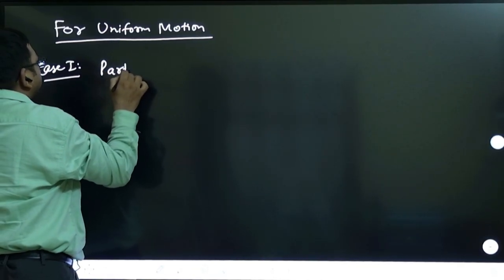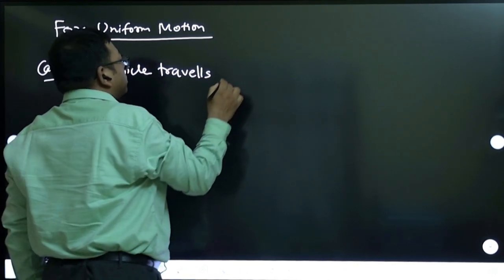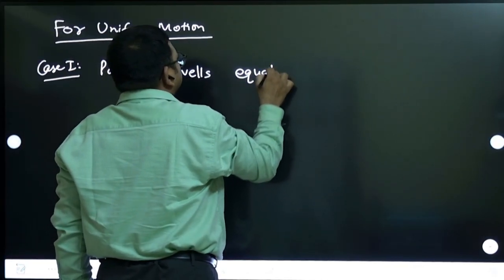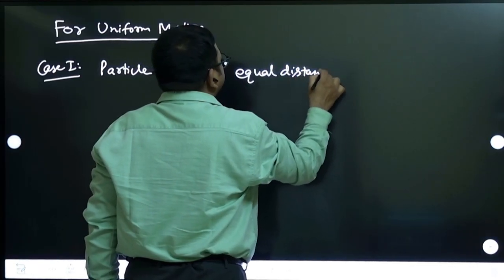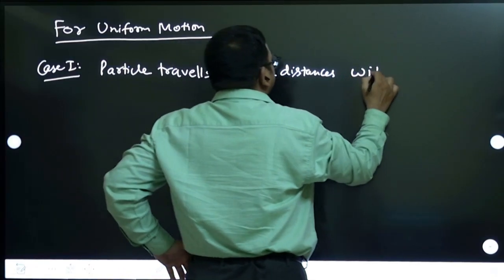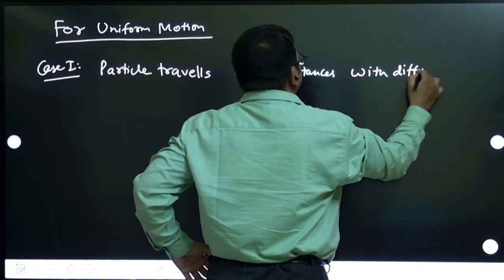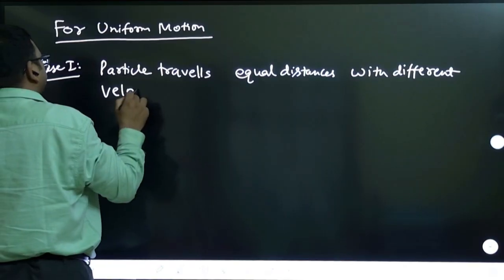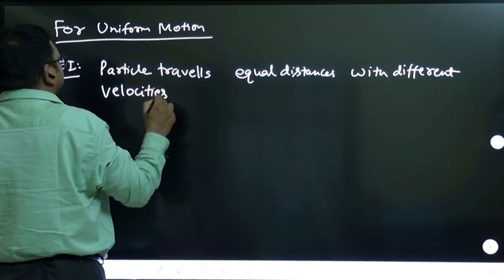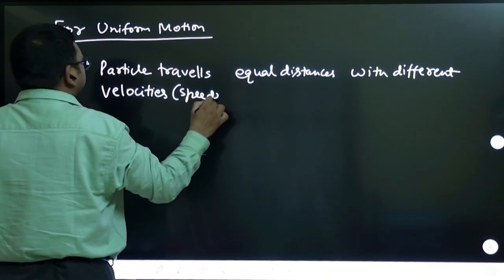So there are some cases. Case 1: a body or particle travels equal distances with different velocities, or you can say speeds also.